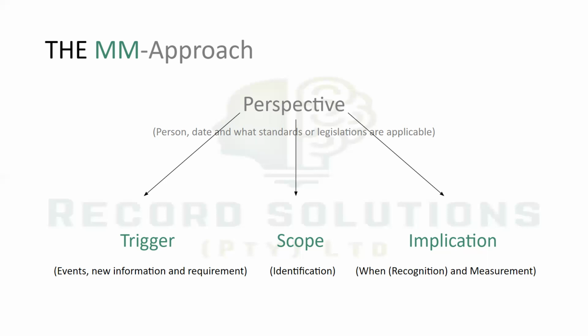Every standard has its own identification process, for instance, identifying what is PPE, what is investment property. They have their own standards. For instance, PPE has to be a tangible asset, those rules.